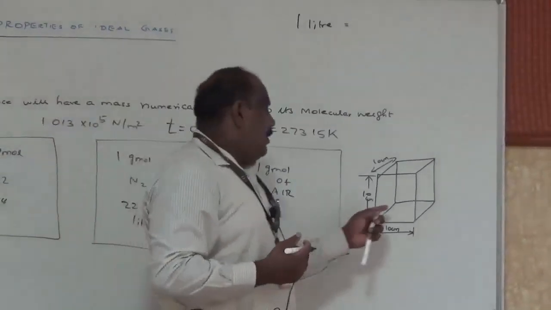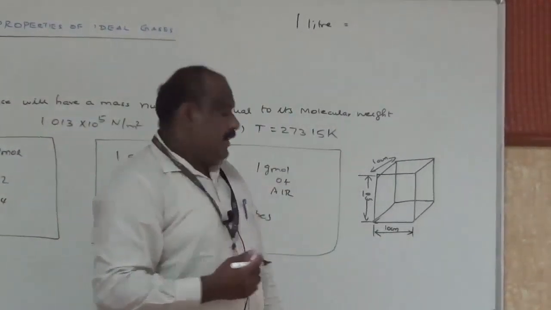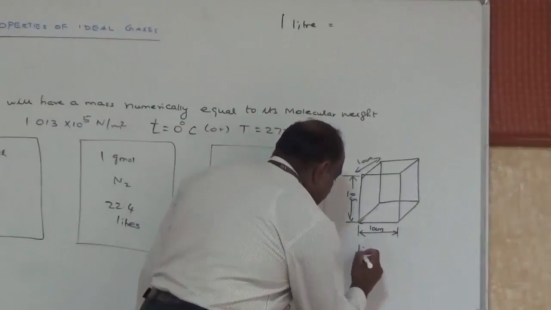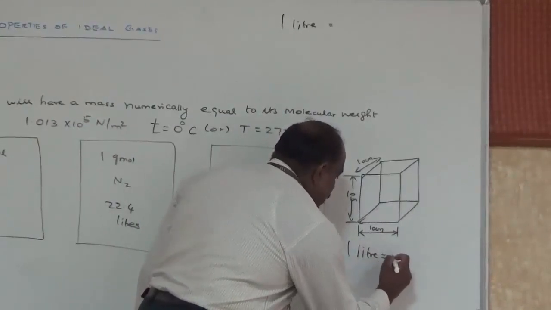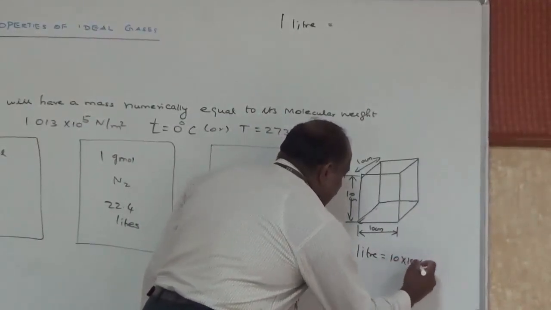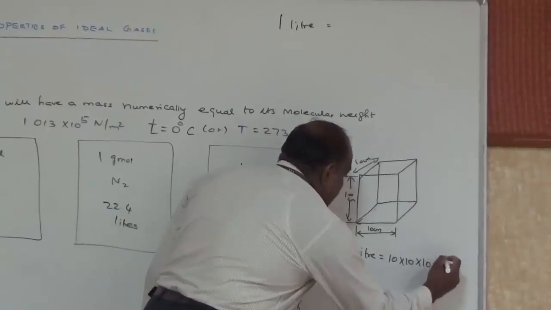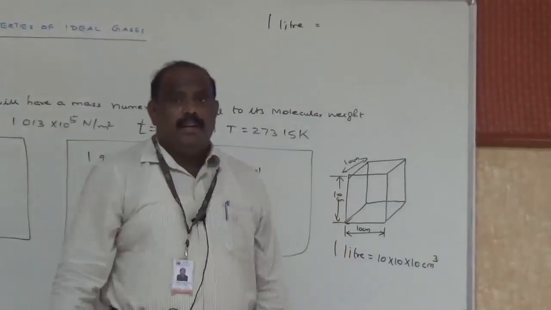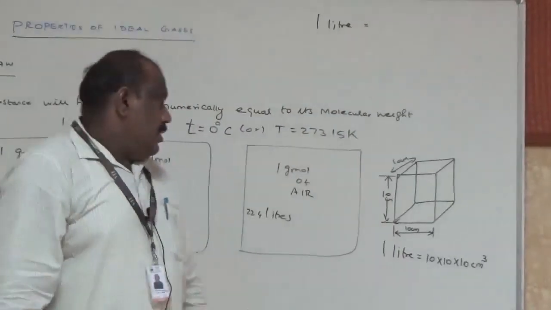Now, the volume which can be occupied by this particular beaker is called 1 liter. So 1 liter will be equal to 10 into 10 into 10 centimeter cube.